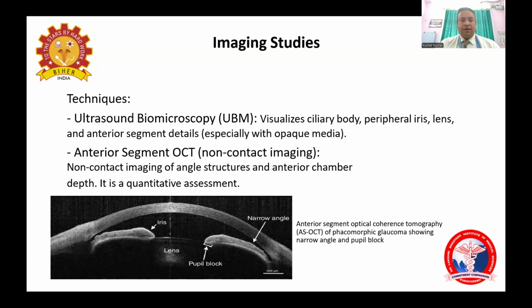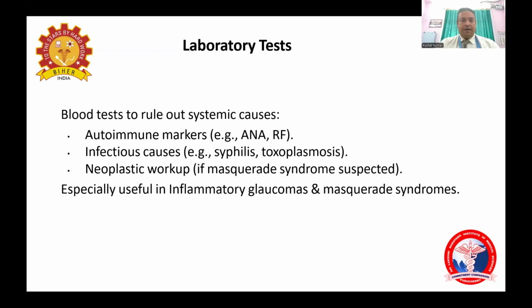It is a more quantitative assessment that is available nowadays. Laboratory tests like autoimmune markers, antinuclear antibodies, rheumatoid factor. You should rule out infectious causes like syphilis or toxoplasmosis, and a neoplastic workup is a must if a masquerade syndrome is suspected. This is especially useful in inflammatory glaucomas and in masquerade syndromes.